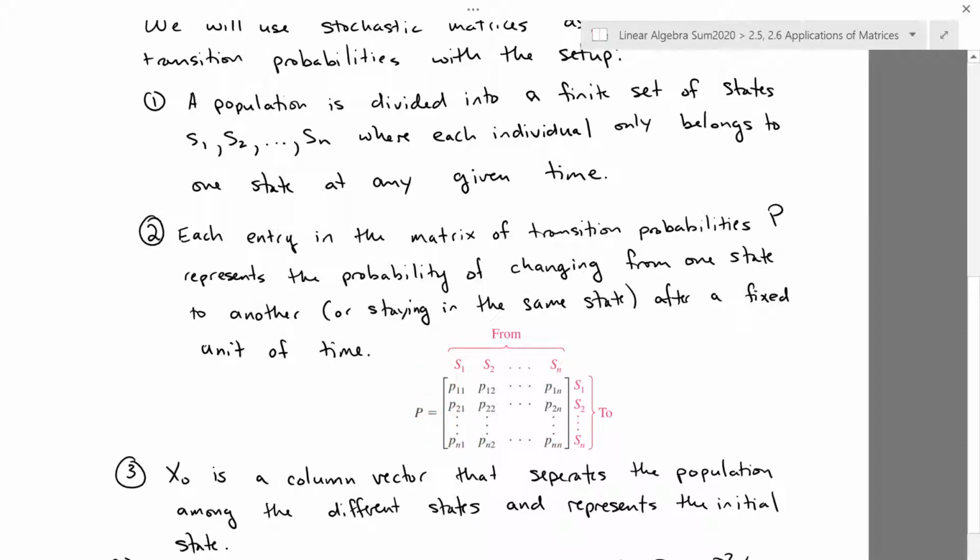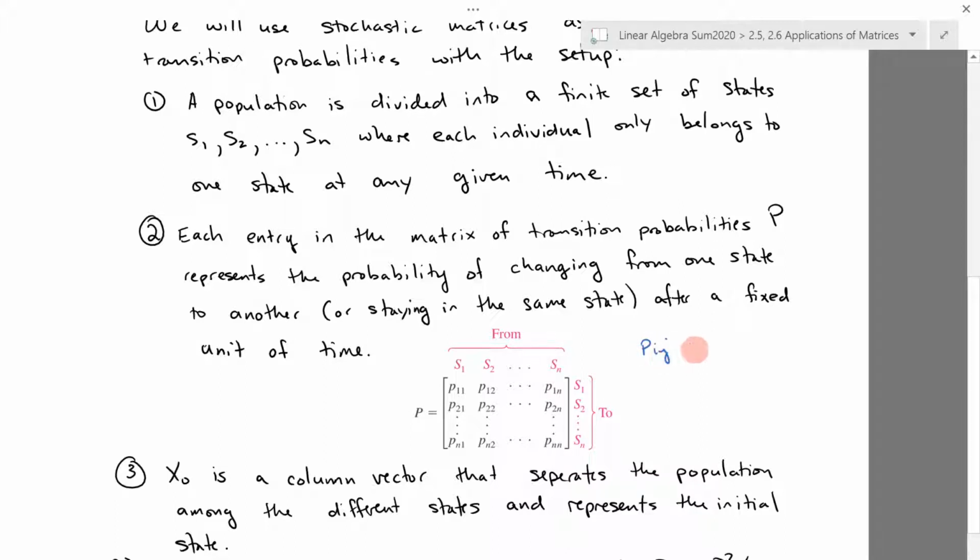So you separate the rows and columns to represent each of the states, and an entry in a particular row and column tells you which state you're starting from and which state you're transitioning to. So for example, here the entry in the second column first row means that you're changing from the second state to the first state.